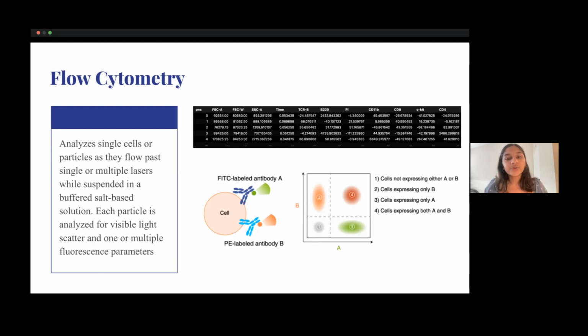This could include cell size, cell granularity, and we can also take advantage of tagging fluorescent antibodies onto cells to help us understand what exactly these cell populations are. The black table here represents what an FCS data set might look like, where each column is a parameter and each row is an event, or a single cell.